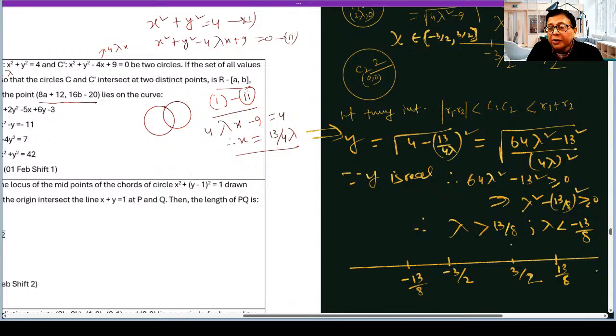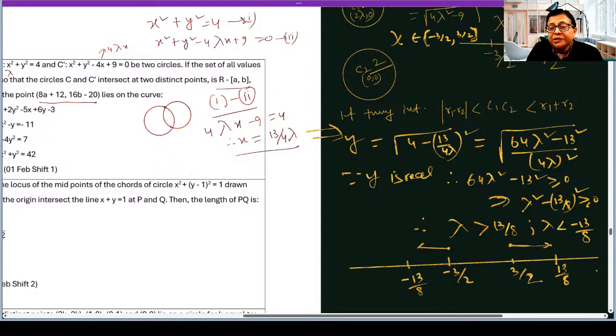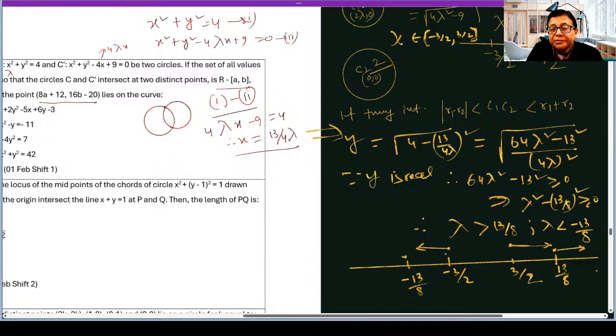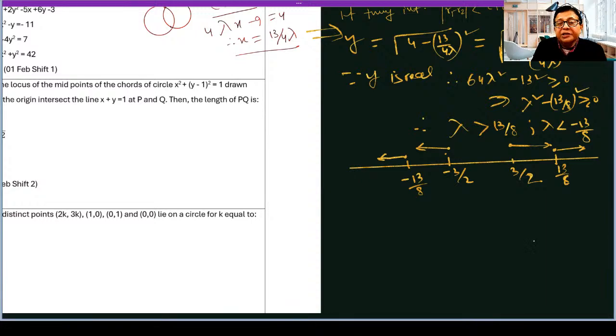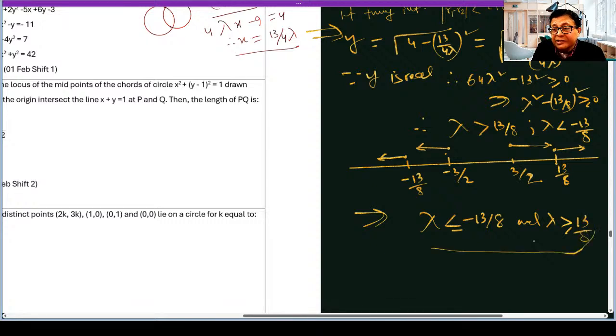Previously what condition you got? This thing, isn't it? Now what condition you are getting? This thing. So what is the common region? Common region would be what? This implies lambda less than minus 13 by 8 and lambda greater than equal to 13 by 8. It is well established now.